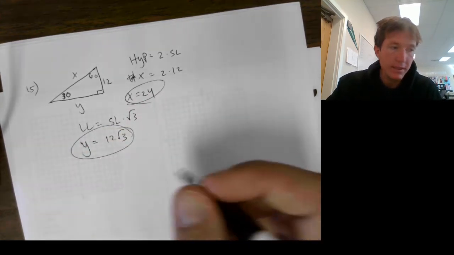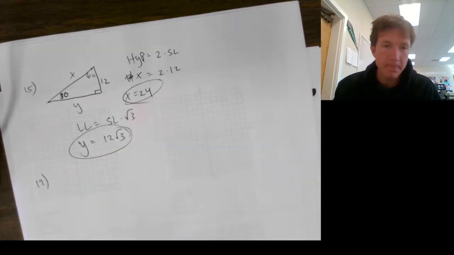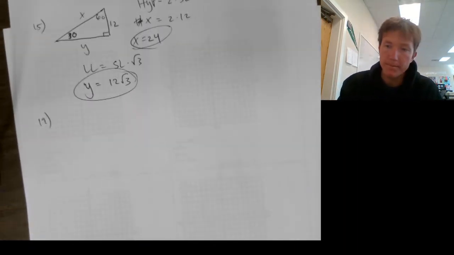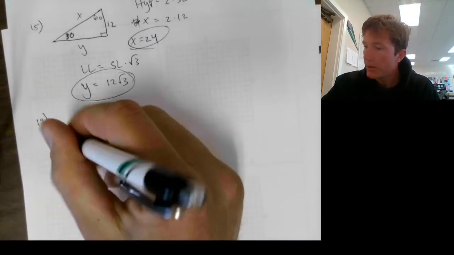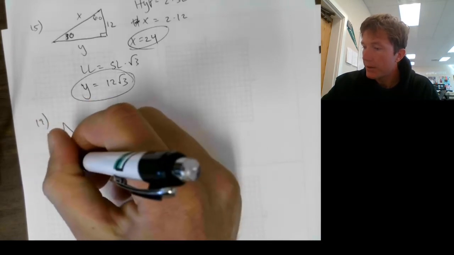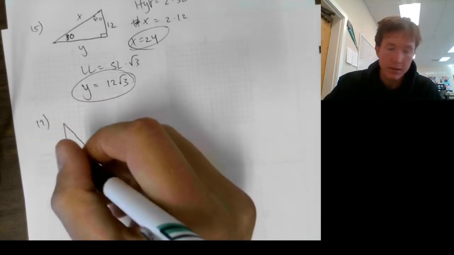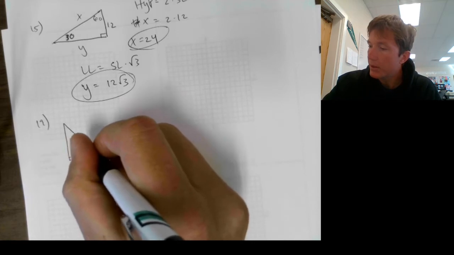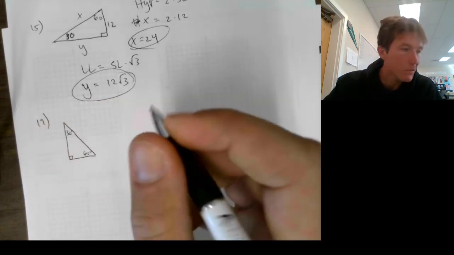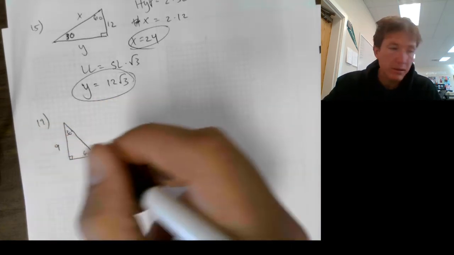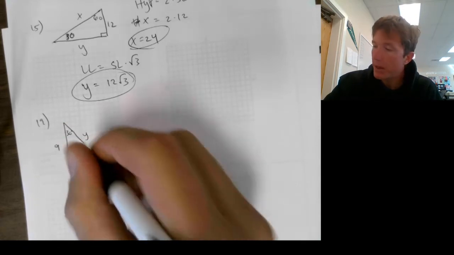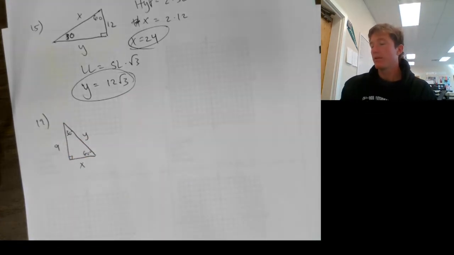Let's do 19. So I have a 30-60-90 again, looks like. Yep. My long leg is 9, hypotenuse is y, short leg is x.